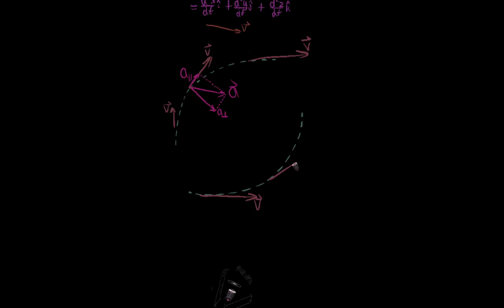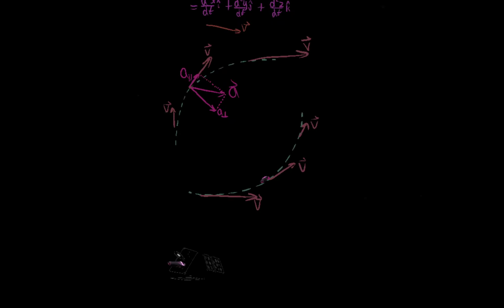Here, slower. And here, much slower. Yeah? So it's slowing down as you go on this curved path. So what must the acceleration vector look like to produce this motion? Let's talk about right here.